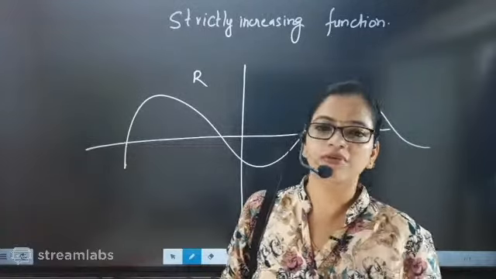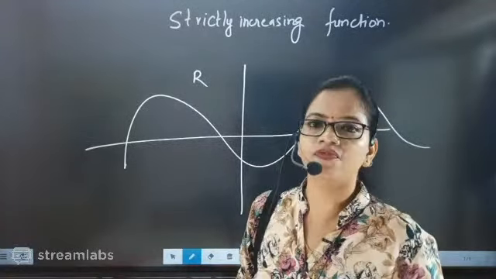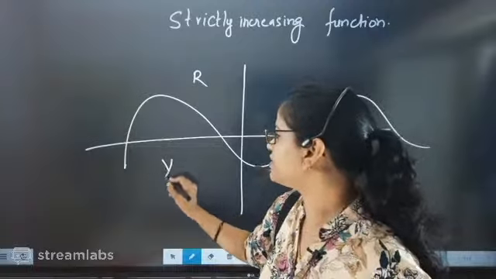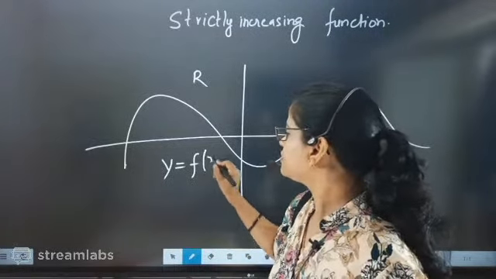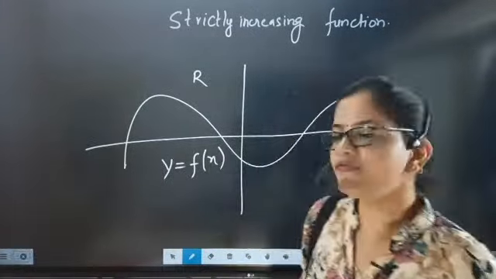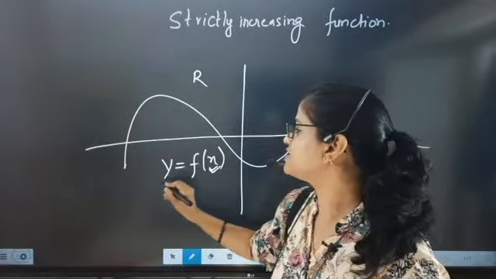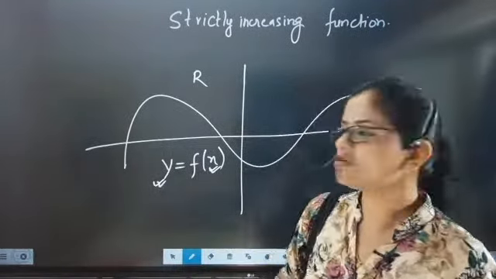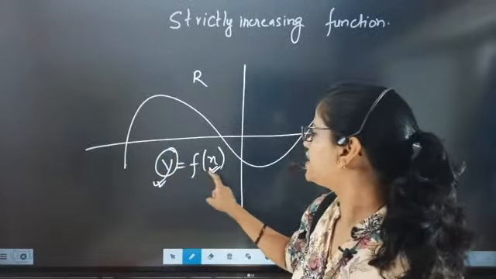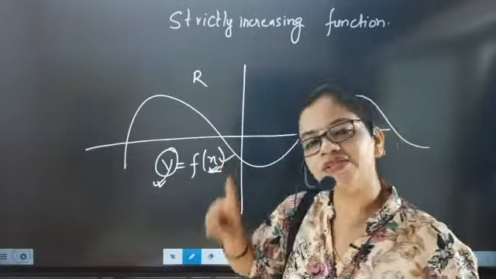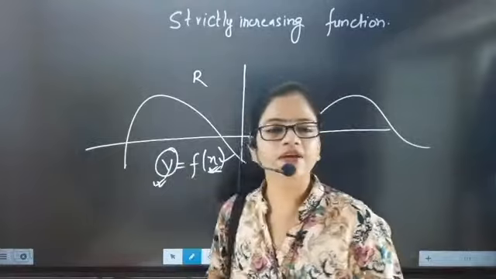Once more, for every value of x, because whenever you write a function, you do one small thing. You put in the value of x, and the value of x defines the value of y, because y is the range and x is the domain. So whatever value of x I put, accordingly I get a value of y.